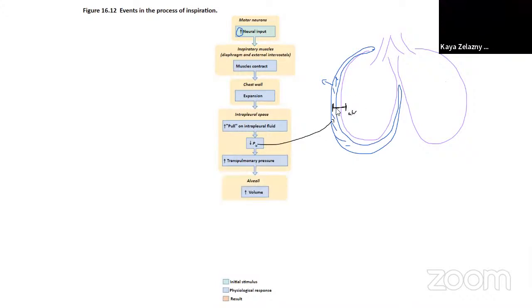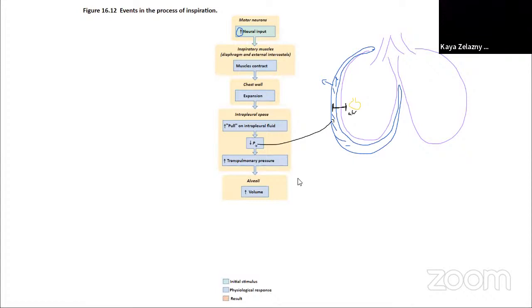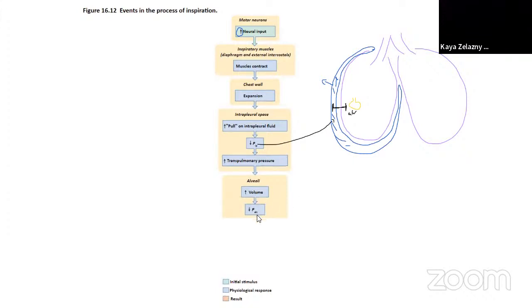Which means as we're pulling on those alveoli, they're going to get bigger. As they get bigger, the pressure goes down because they're greater in volume, but we haven't had a change in their contents yet.